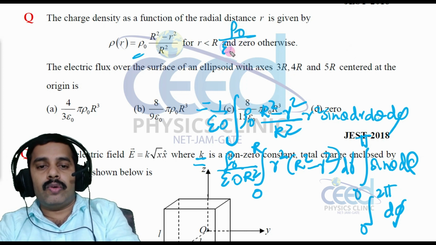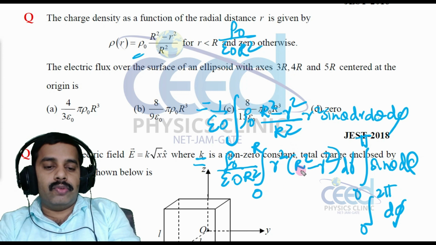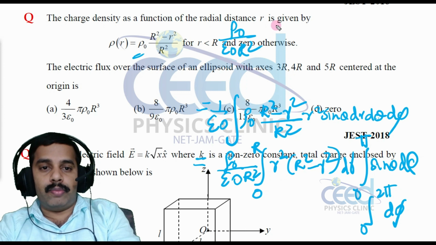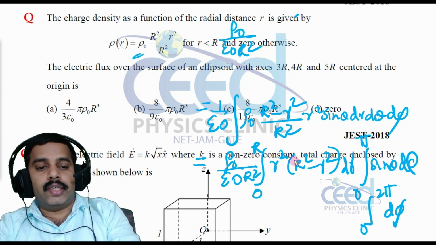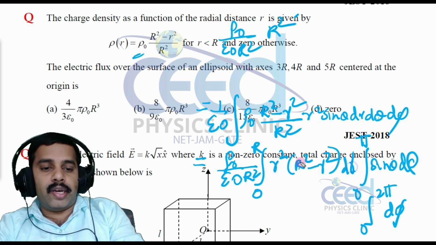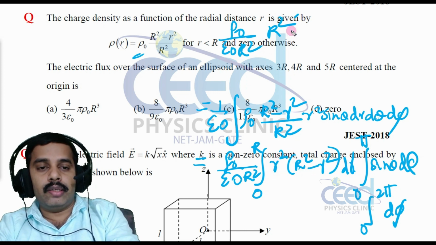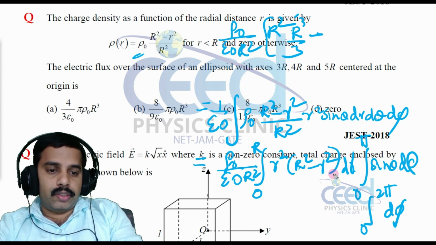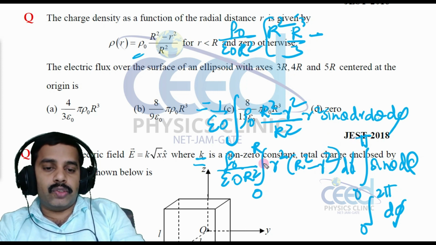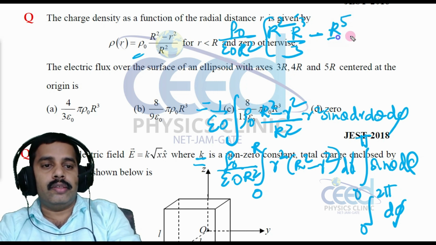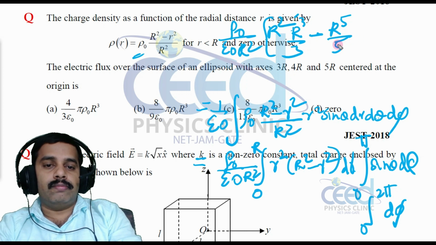So we have rho 0 by epsilon 0 times capital R square here, and here, giving the limit, r square dr on integration is r cube by 3, with limit 0 to R giving capital R cube by 3, minus r square into r square, r raised to 4, which on integration is r raised to 5 divided by 5, and with limit 0 to R, replace with capital R raised to 5 divided by 5.